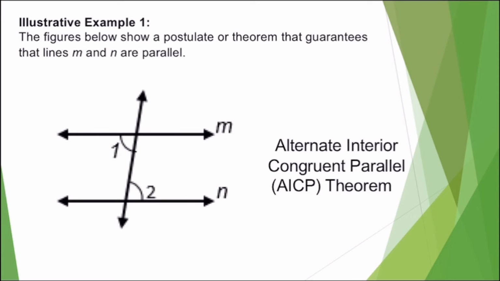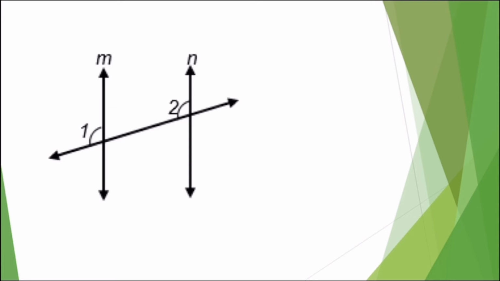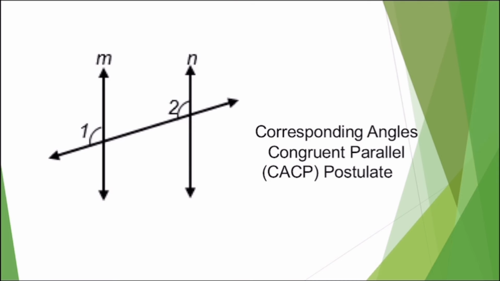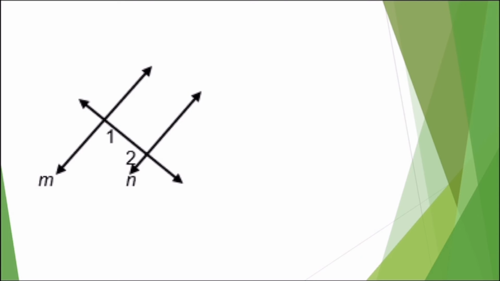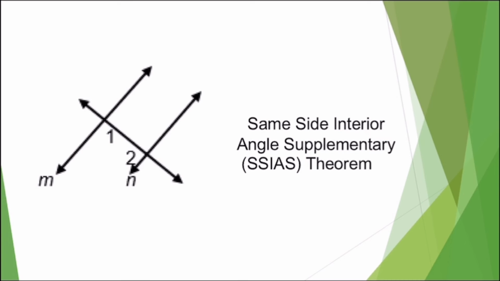For our next figure, the postulate here is what we call the corresponding angles congruent parallel, or the CACP postulate. For our next figure, this is the SSIAS theorem, or the same side interior angle supplementary theorem.